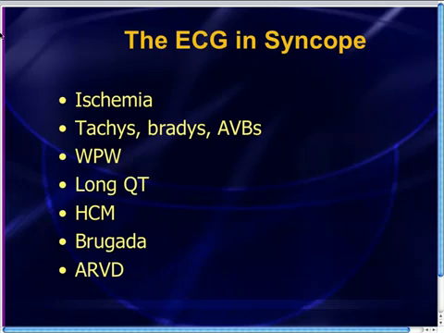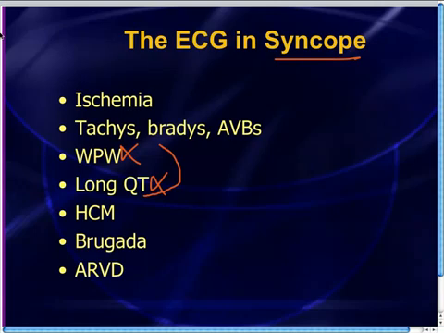I want to point out specifically two things here. If you don't get in the habit of always looking at the intervals in your EKGs, especially your post-syncope EKGs, you will miss WPW, you will miss long QT. Hopefully you're getting bored of me saying this, but I don't care. You've got to look at the intervals in every post-syncope EKG, because if you don't, you're going to miss WPW and you're going to miss that long QT also.